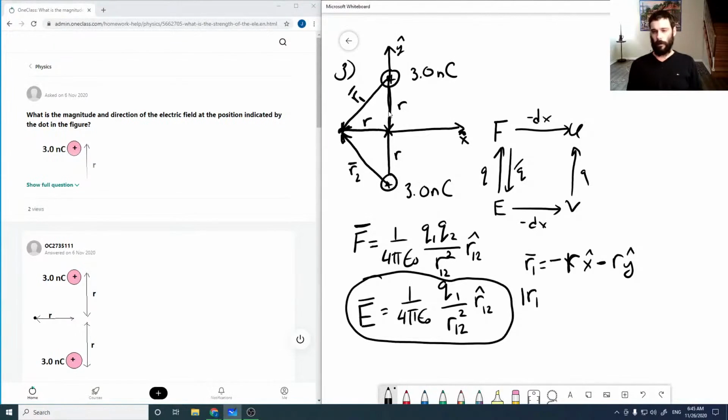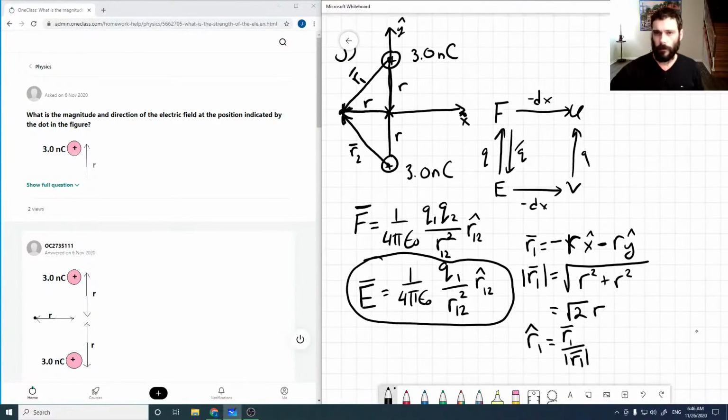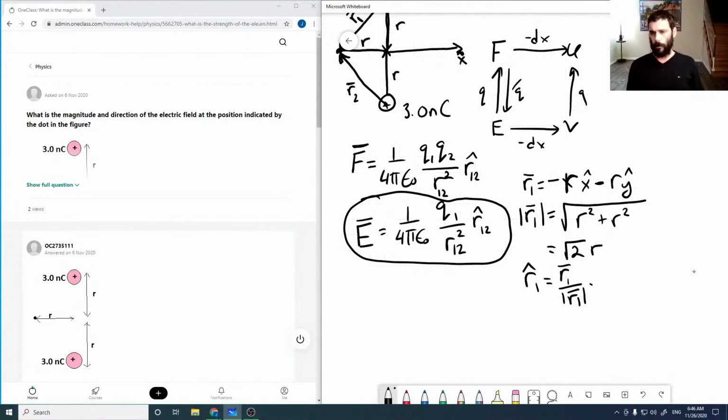The magnitude of R1 is the square root of the sum of the squares, so R squared plus R squared, which is root 2 R. And so R1 hat is the R1 vector over the magnitude of the R1 vector, which equals minus R over root 2 R X hat minus R over root 2 R Y hat.